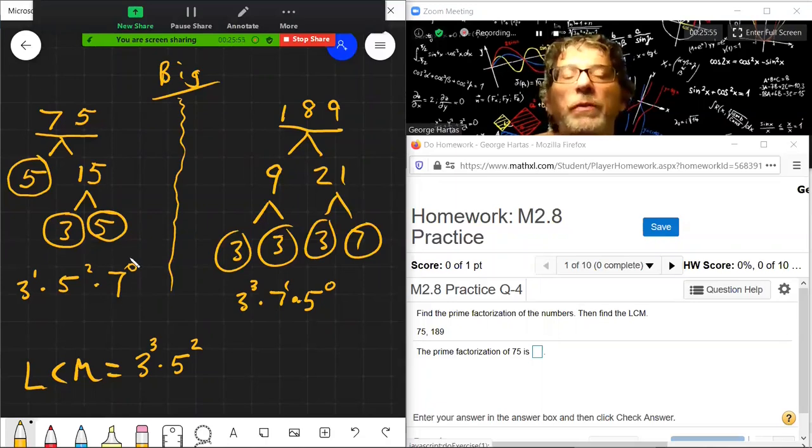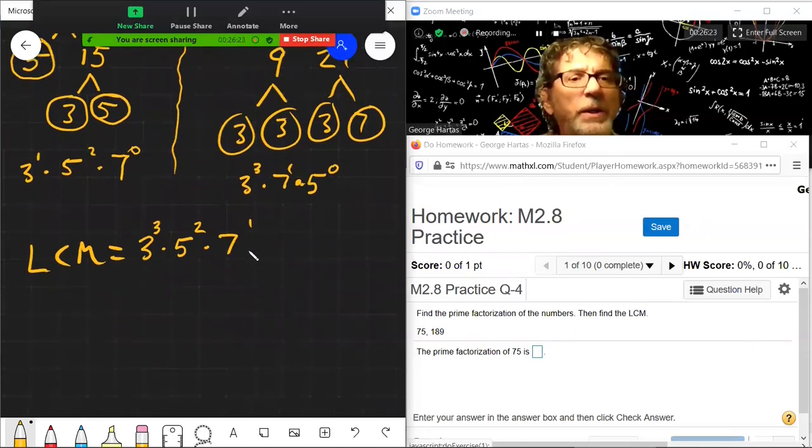It's just for visual effect. There are more 7s here than there are here. See, there's 1 7 here. There are 0 7s here. Since we're looking at bigger, more, right? More, bigger for LCM, this comes down. This comes down. So all we got to do now is just simplify this thing by multiplying it out.